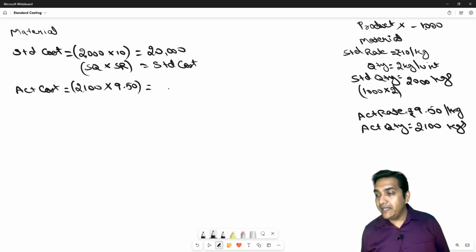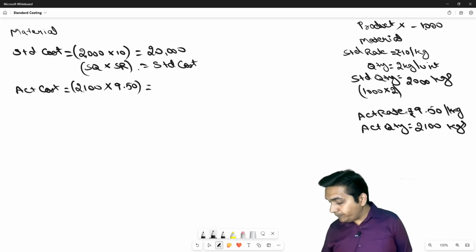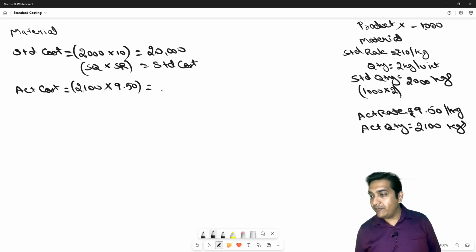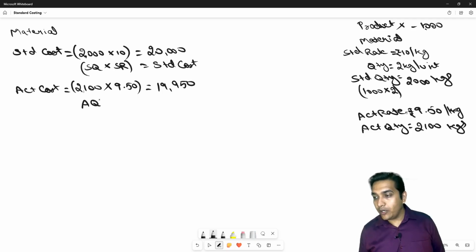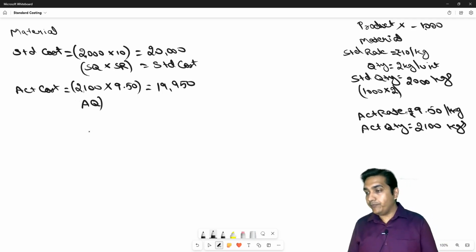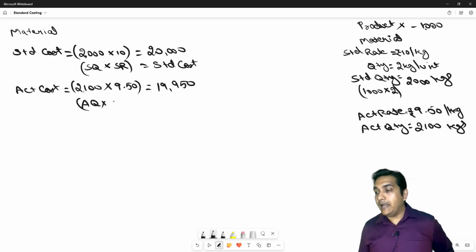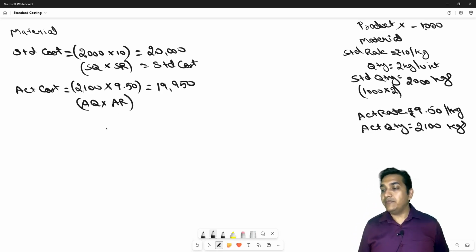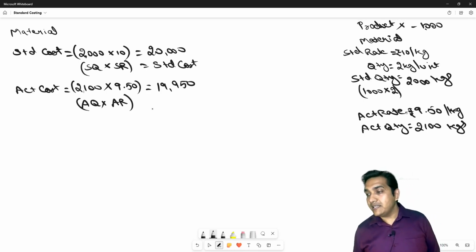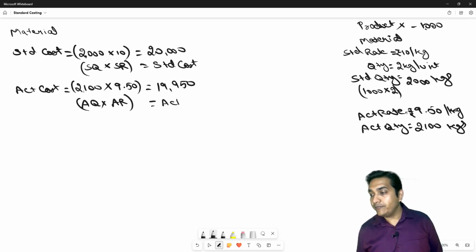So if we multiply these two, we get 19,950. So 2100 is my actual quantity into 9.5, my actual rate. This gives us the actual cost.